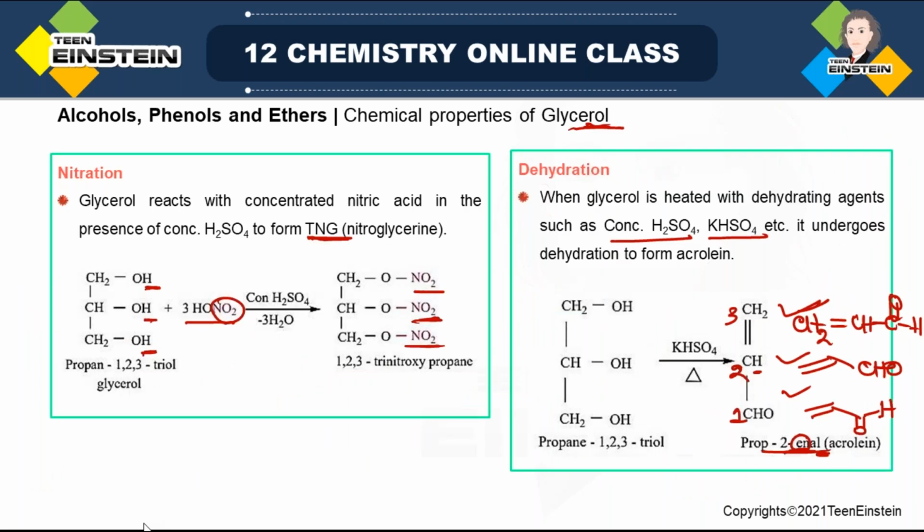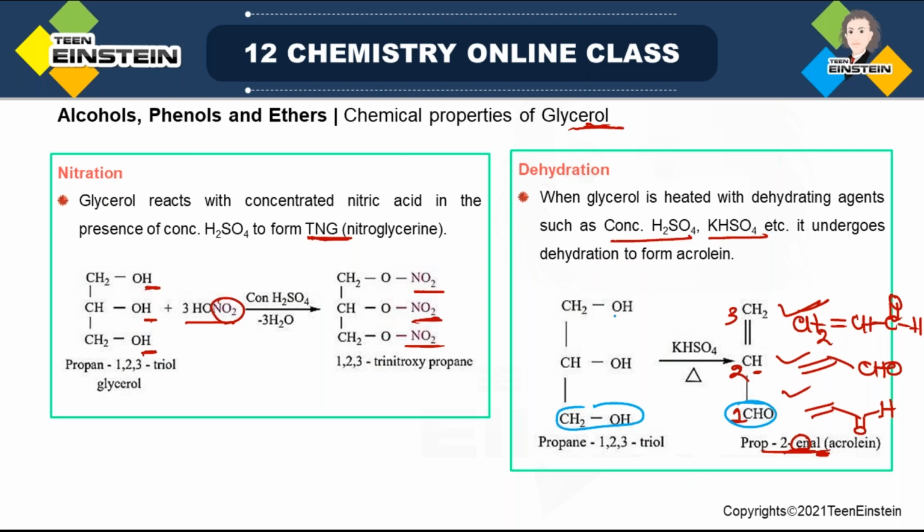And also see, in the presence of KHSO4, this type of acrolein molecule is actually formed. So this is basically dehydration, and there is oxidation also. So one OH, that is, if you consider this CH2OH group and this CHO, it seems as if it is oxidation.